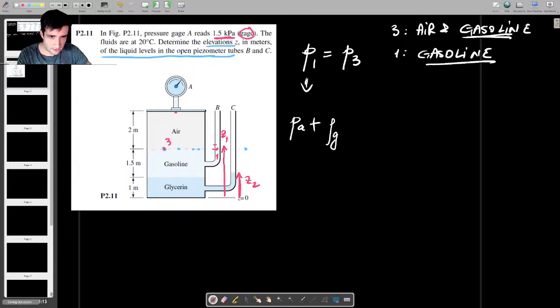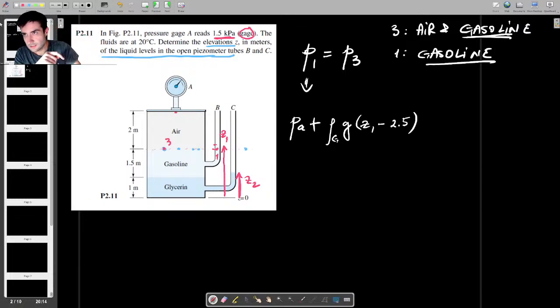So we have the density of the gasoline, capital G, times g, the gravitational acceleration, times the height. The height in this case would be Z1 minus 2.5, because Z1 is the unknown elevation and 2.5 is this. That tiny bit of gasoline is above that dotted line by this amount, okay?